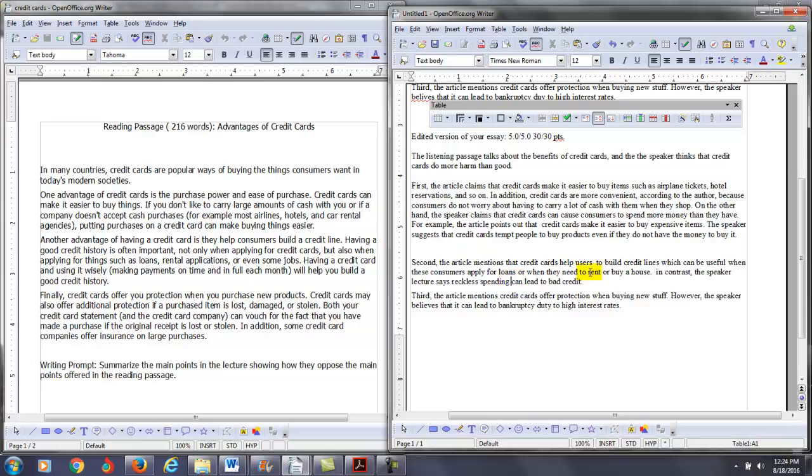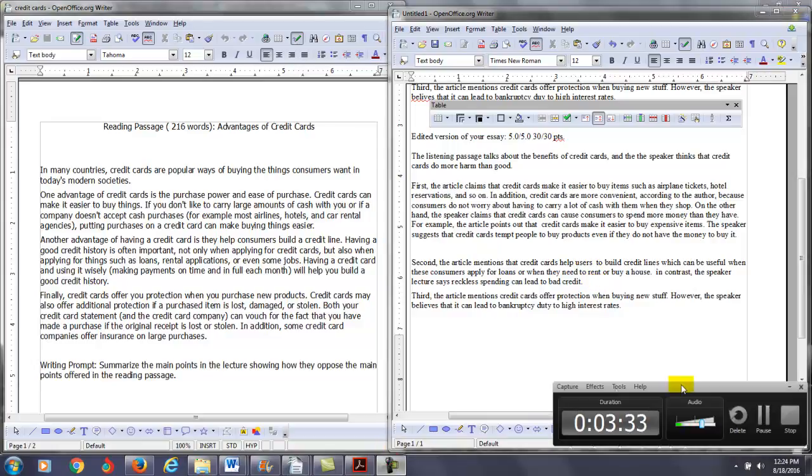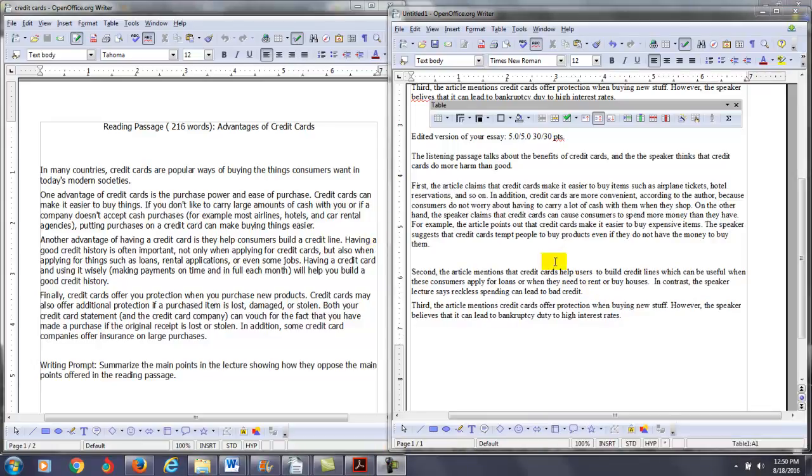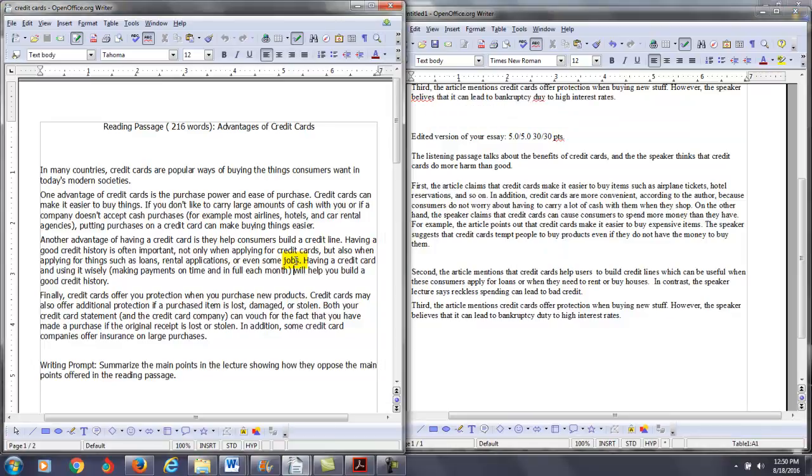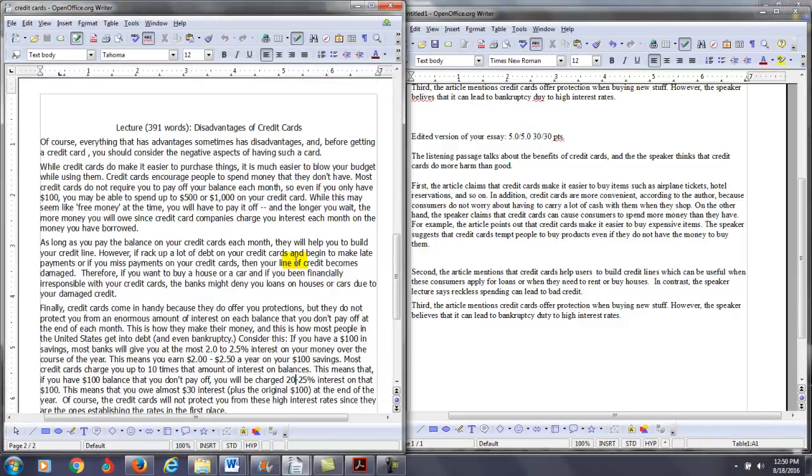Okay, that's pretty good. So we're getting started with it. Alright, let's take a look at the second point in the lecture. It says, in contrast, the speaker says reckless spending can lead to bad credit.